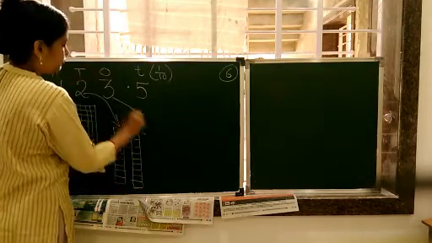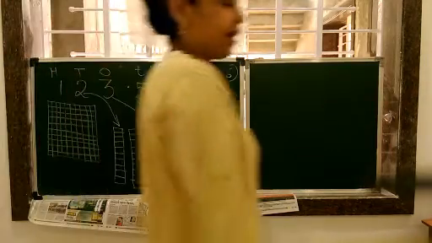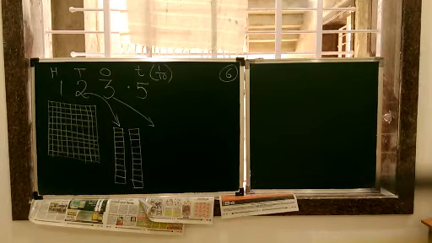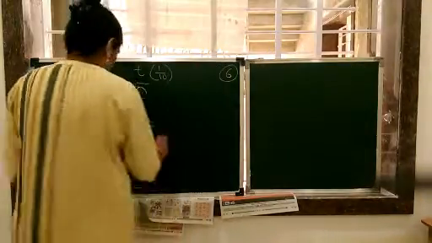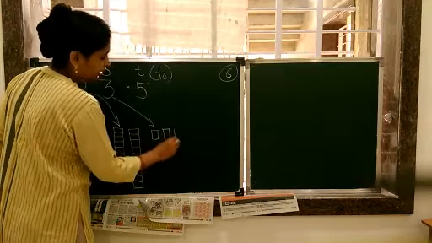Here, this is ones, 3 ones. Now, you will tell me how will it be divided. Just one part. One box which is divided into one part. But it is 3 ones.